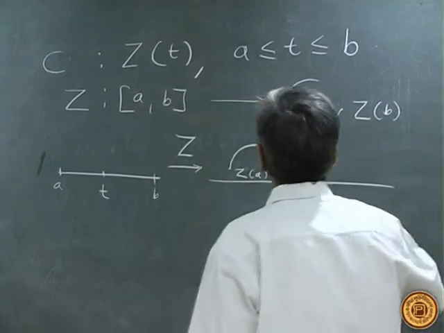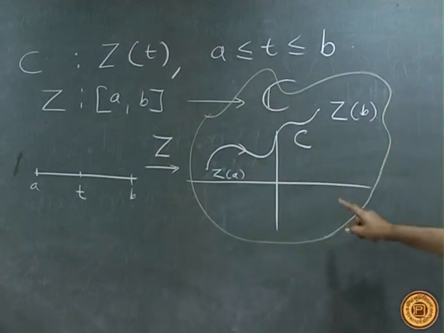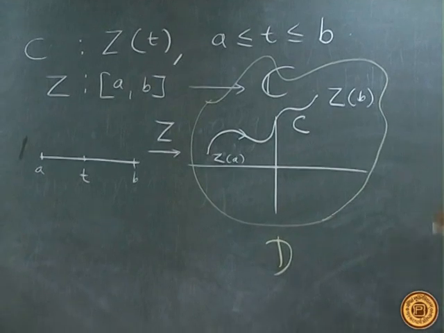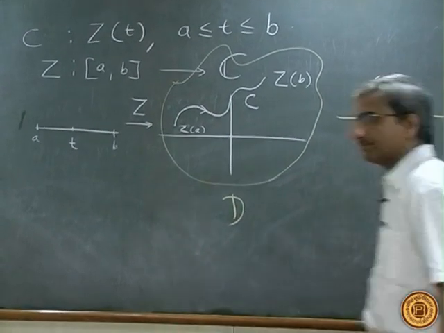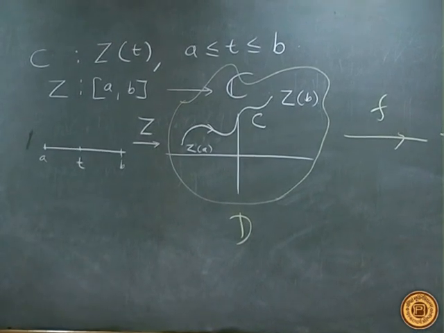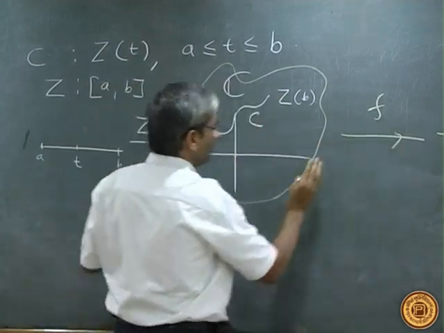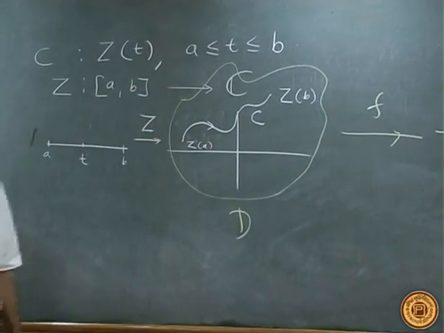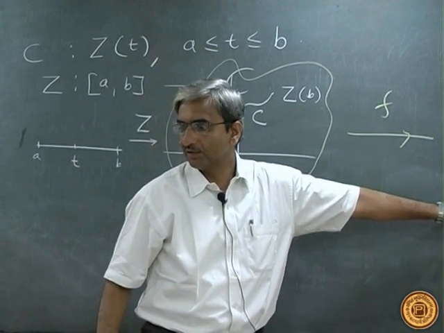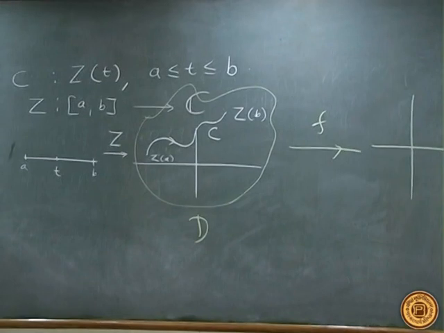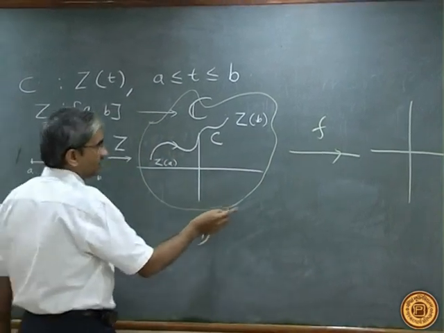Function f is typically on the complex plane, in some domain D. If the camera can capture it as a whole, this interval gives rise to a contour, and there is a function whose domain contains this contour C. So f is a complex valued function of a complex variable defined on domain D, f from D to C.